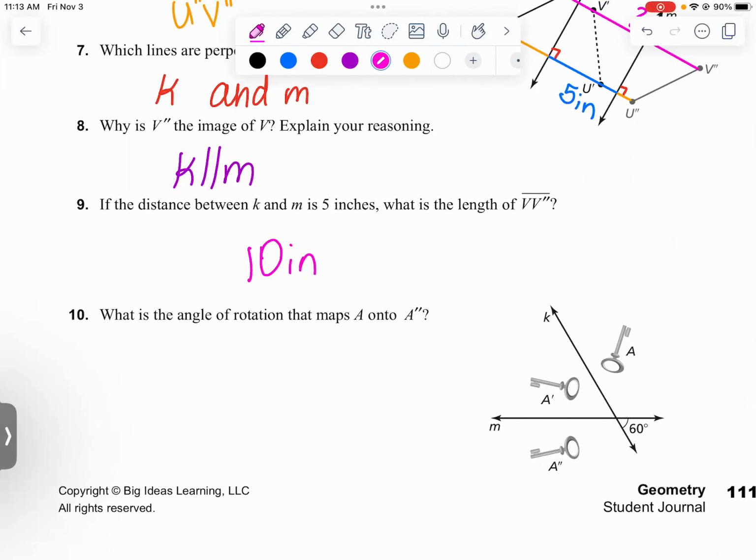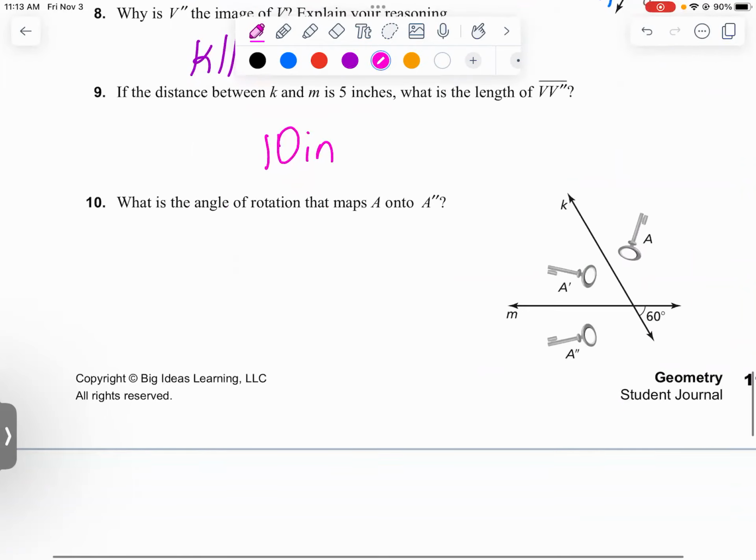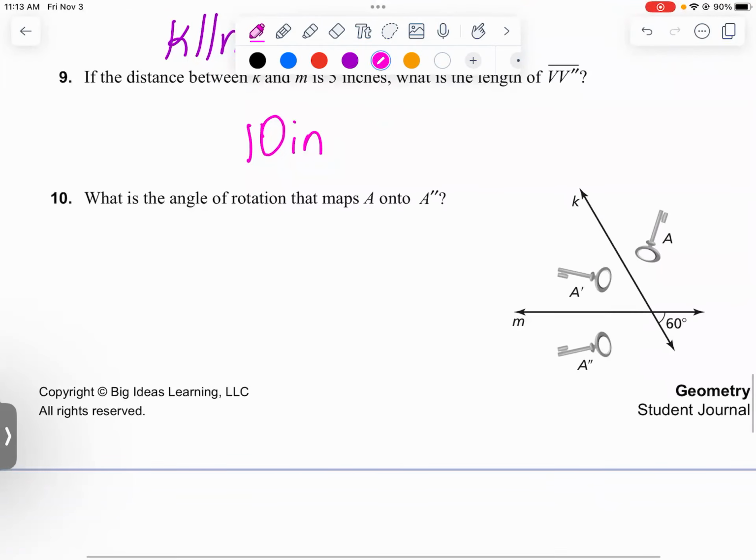Okay. Now, in this cute little picture with the keys, this guy is a 60-degree angle, which means this is also a 60-degree angle. Just throwing that out there. What is the angle of rotation that maps A, here's A, all the way to A double prime? What would that angle be? 120 degrees. Here again, we're doubling the angle.